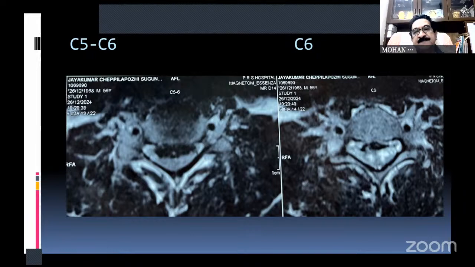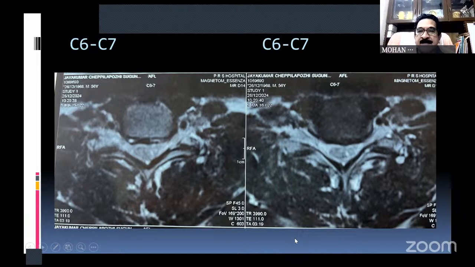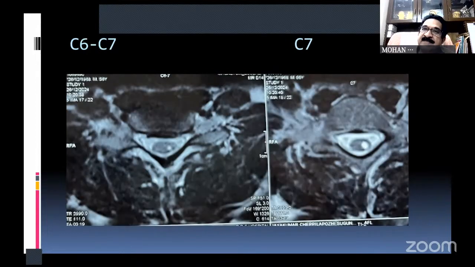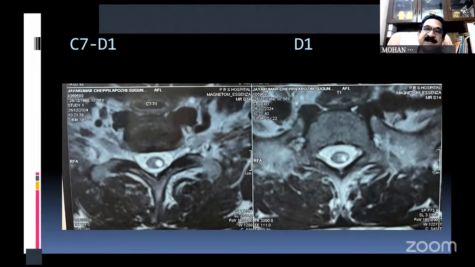Now that's the site of compression. C5 is spondylotic compression, with hyperintensity not only on the left side of the cord but also on the right side. Then below that the hyperintensity is disappearing, a small one on the left side. But at C7 level, the hyperintensity has become well rounded and very prominent at the C7-D1 level.